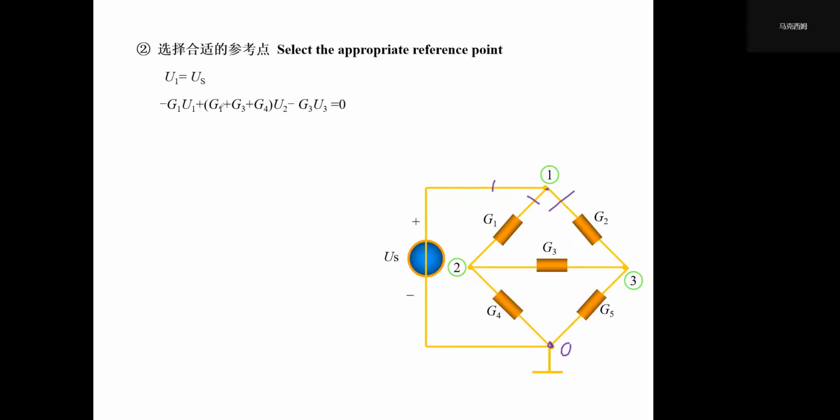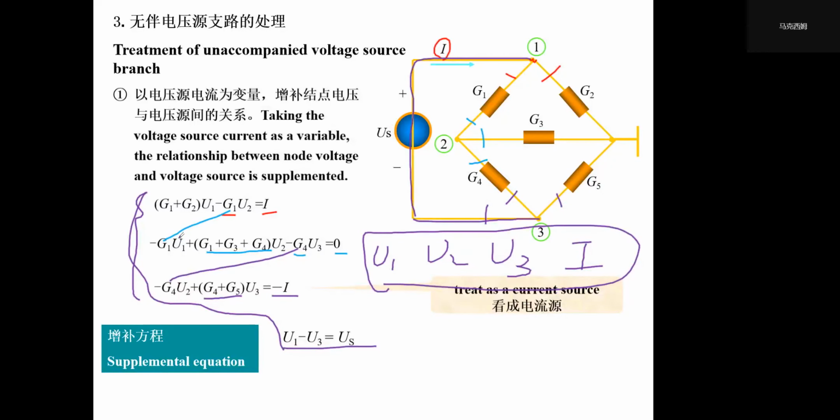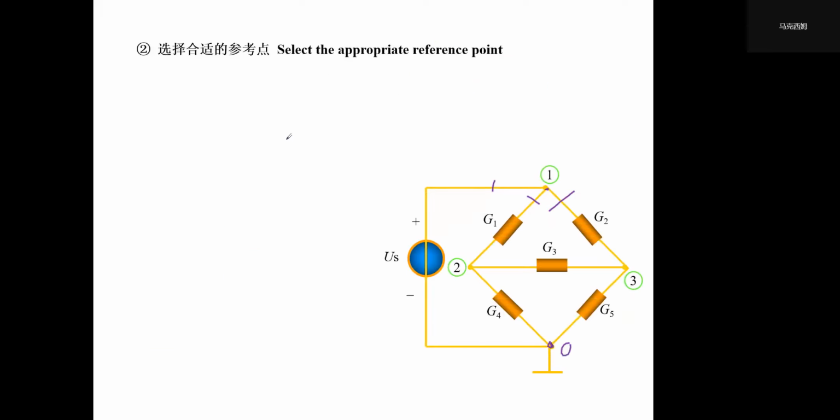For the original method, we have to list this stuff for the first equation. But if we choose this point to be the ground zero point, we don't have to calculate US1, U1, because it's already known.